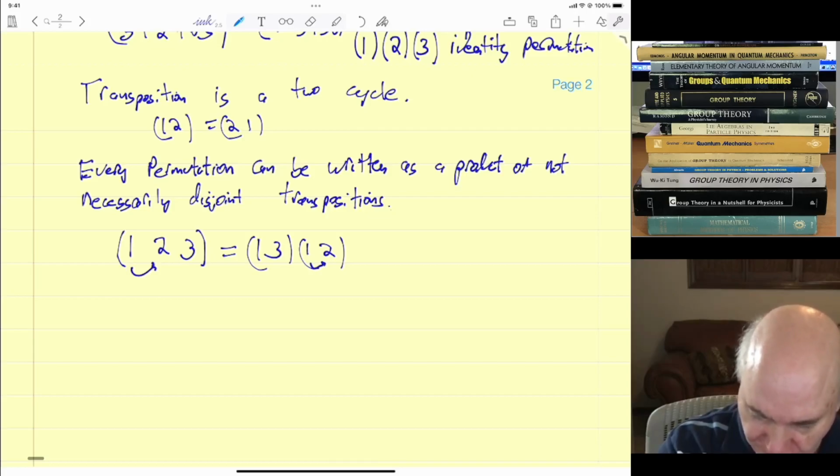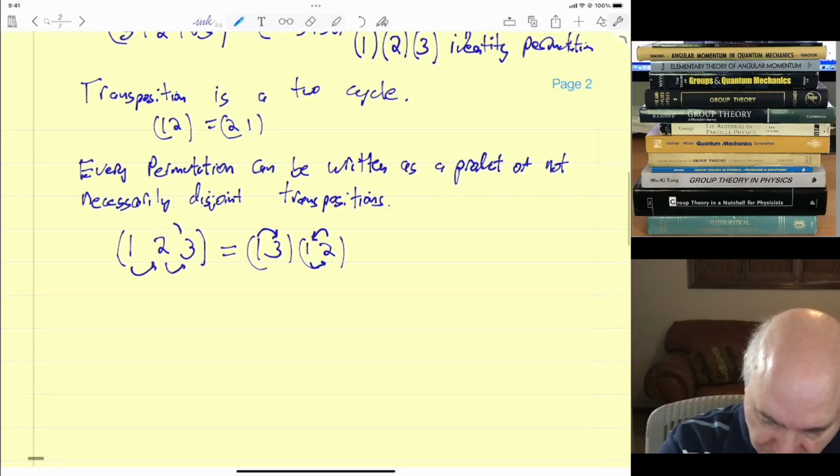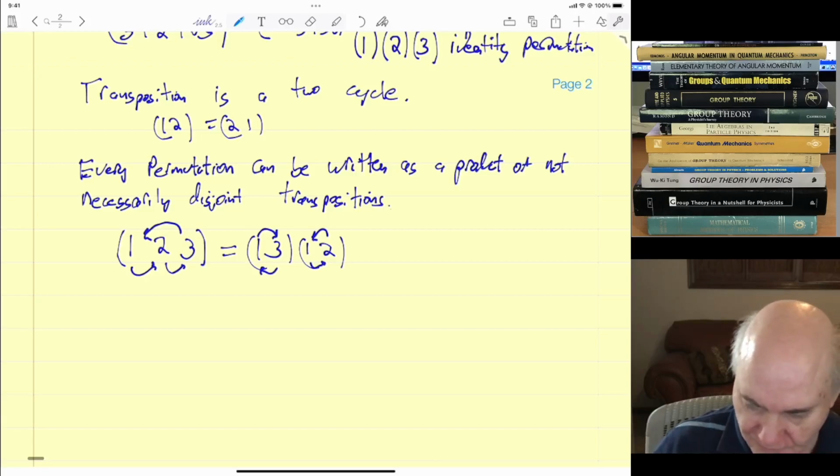So 1 goes to 2, that's right. 2 goes to 3. Here, 2 goes to 1, and then 1 goes to 3. So again, 2 goes to 3. And 3 goes to 1. Here 3 is unaffected by this cycle, and 3 goes to 1. So here we've written this cycle as a product of 2 transpositions.